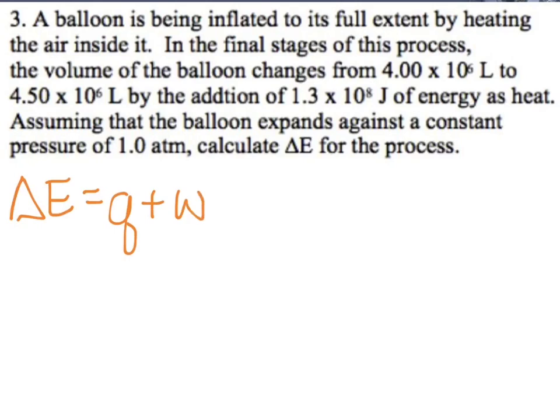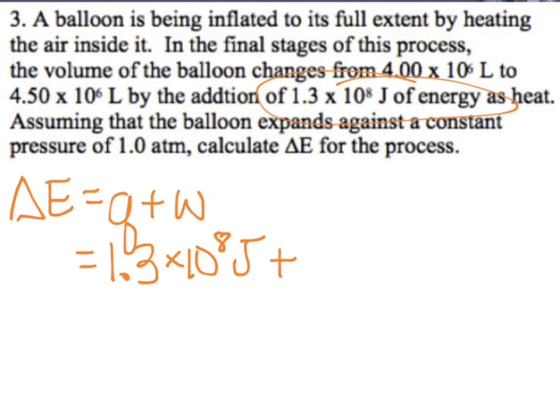So how much heat do we have? How much energy are we giving it? We are giving it 1.3 times 10 to the 8th joules of energy. What is our work? Well, we don't know what the work is. It hasn't told us, but we can figure out the work because we know the pressure.